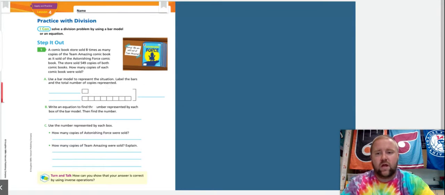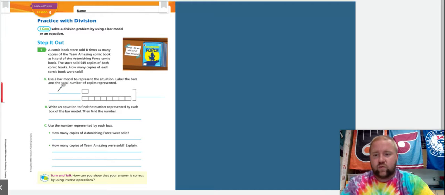What they've shown here is the first thing, this one little block. That is representing either Team Amazing or the Astonishing Force. We need to figure out from the word problem which one is going to be which. It says they sold 8 times as many of the Team Amazing comic book as they sold of the Astonishing Force.